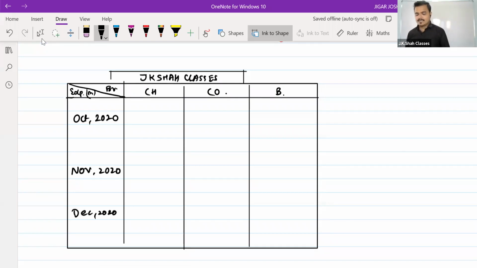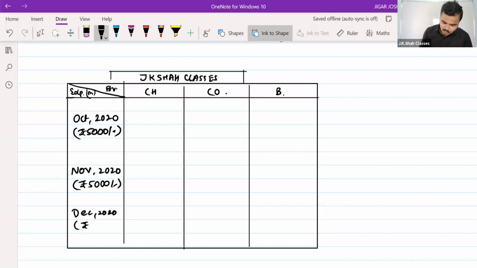Now for every month, my dear chartered, JK Shah Classes provides every branch 5,000 rupees for their petty cash expenses. How much? 5,000 rupees. Presuming that the Chennai branch in the first month had expenses of 5,100 rupees.